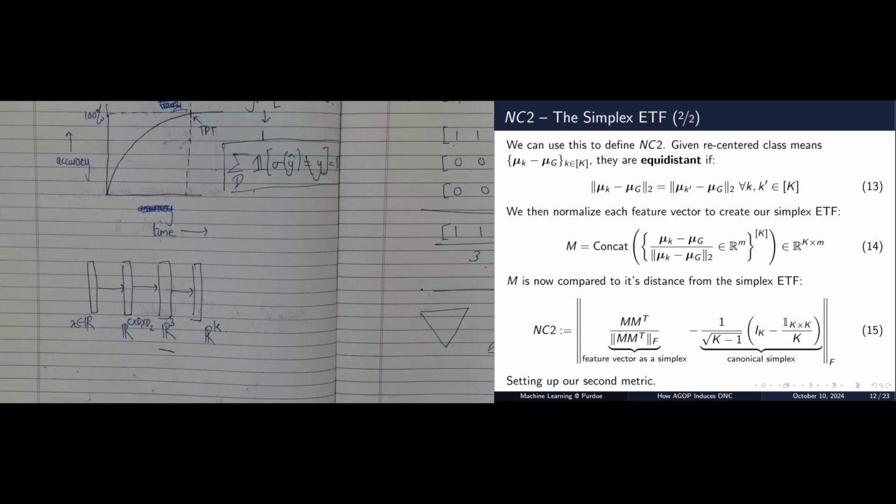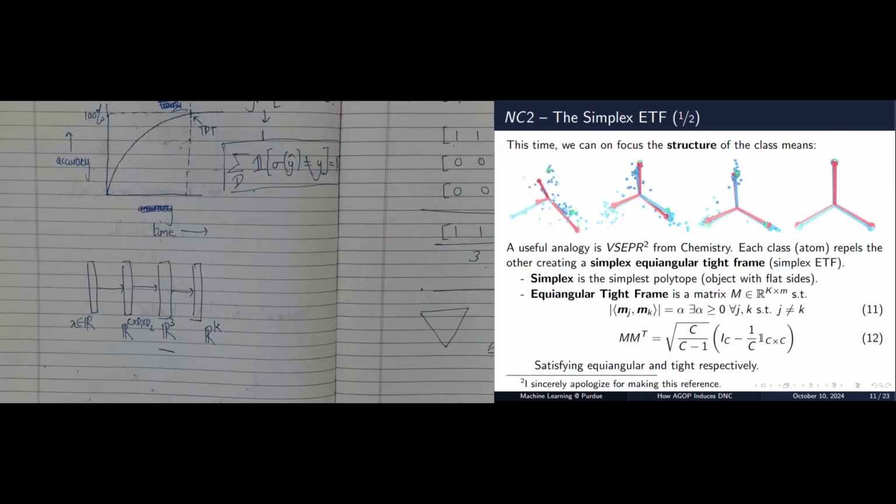It is slightly different. It is C over K minus 1. That is because we want to integrate a second condition, which is the term where the absolute value of the inner product between these two is consistent. So it is exactly the same because they are equidistant. So we have this equidistant and equiangular.